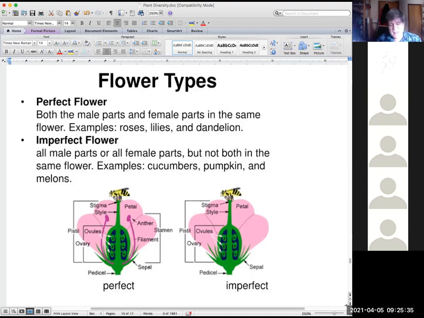Notice the bee has to climb over the stigma typically to get down further into the flower. The stigma is where pollen lands. Now, the lower part of the pistil is the ovary, and there can be more than one. The ovaries contain the ovules. The ovules are where the actual seed is formed.